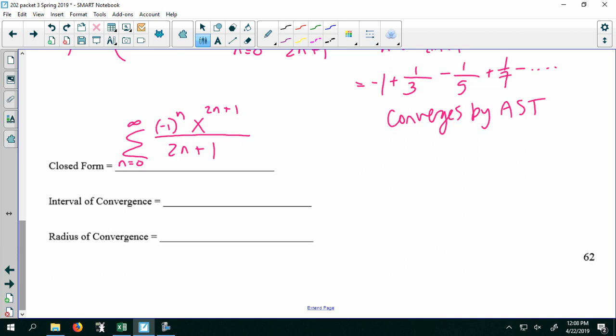My interval of convergence, the ratio test said that x has to be between -1 and 1. And then we tested the endpoints separately and concluded that they both gave convergence. So I'm going to add some more equal to's. And then the radius of convergence is the distance from the center to an endpoint, which is 1 in this case.